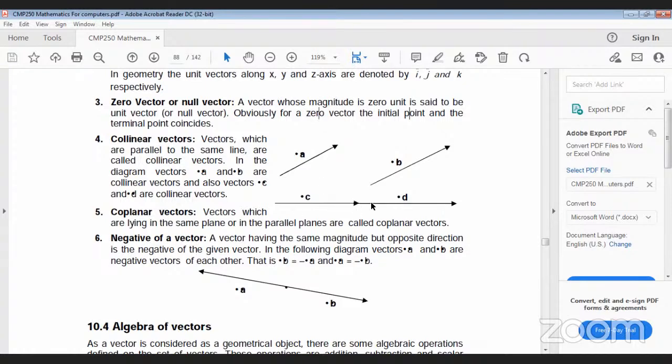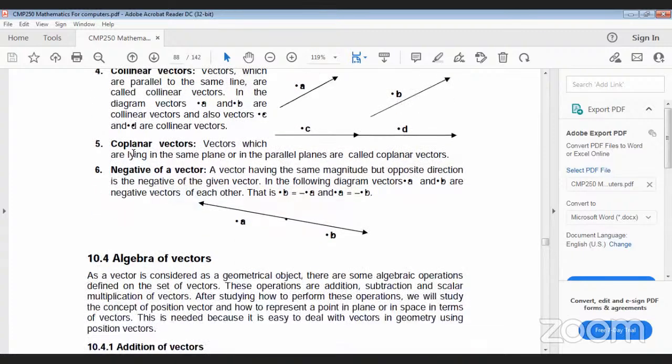So they also become collinear vectors. Now coplanar vectors. Vectors which are lying in the same plane or in parallel planes are called coplanar vectors.